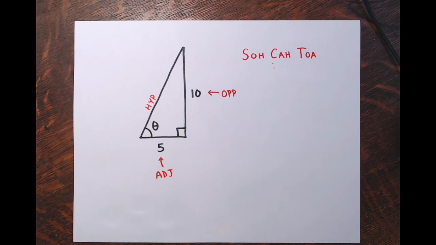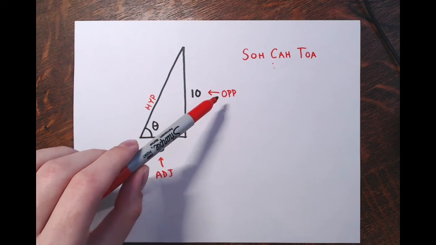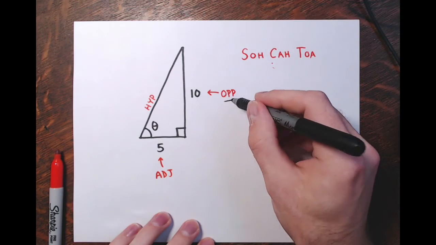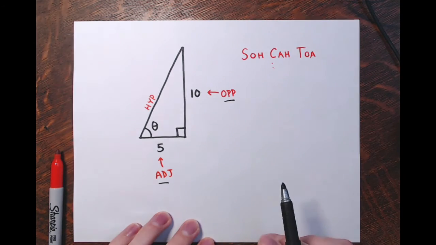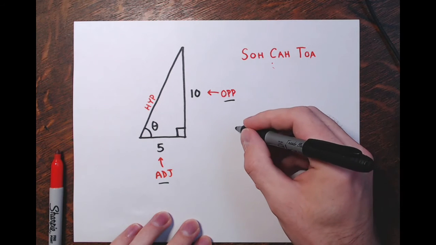So I'm trying to find angle theta, the measure of theta. I know the opposite length. I know the adjacent length. Since I know the opposite length and the adjacent length, remember which of the trigonometric ratios in a right triangle dealt with opposite and adjacent? That was tangent.